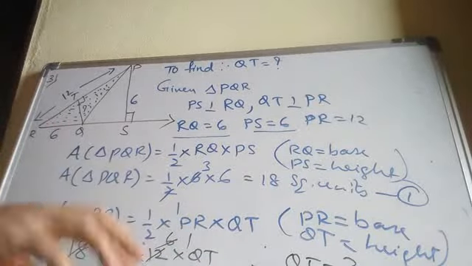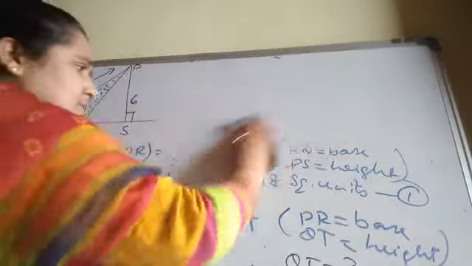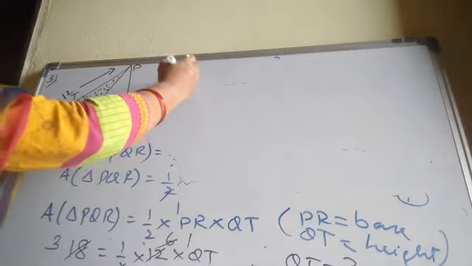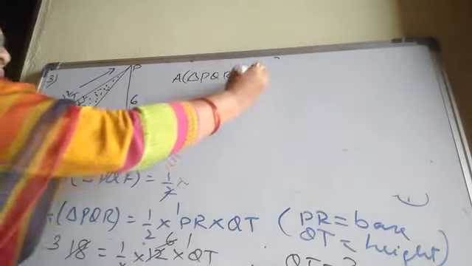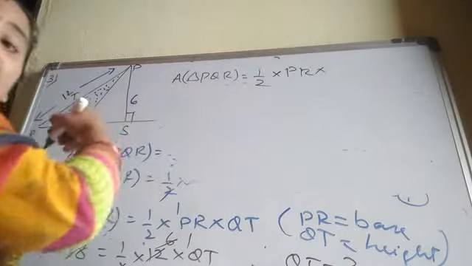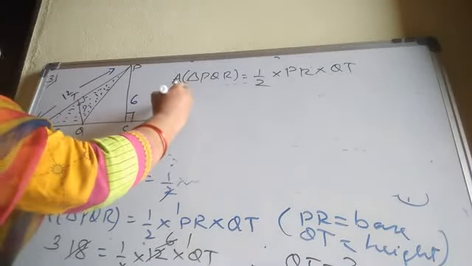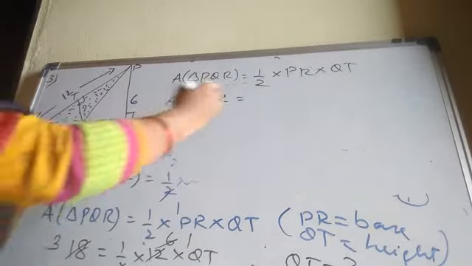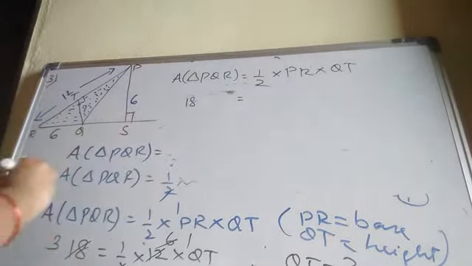Okay. Last step you see. See here students, again I will write area of triangle PQR equal to half into, here my base is PR and height is QT. Area of triangle PQR equal to, here area of the triangle from number 1 is 18.